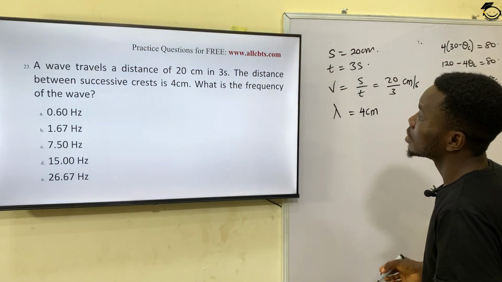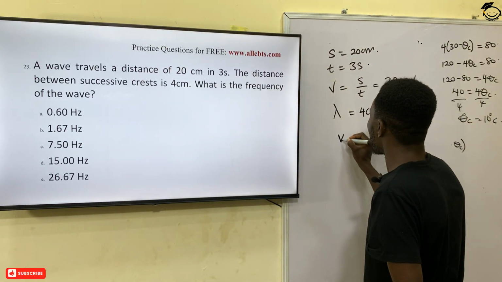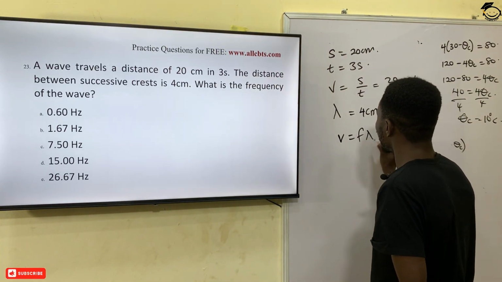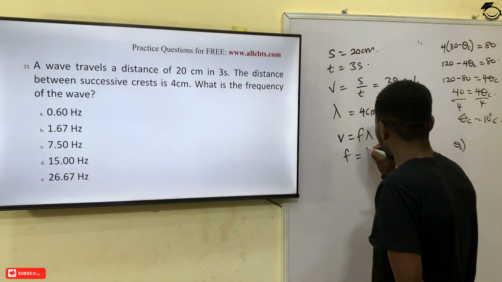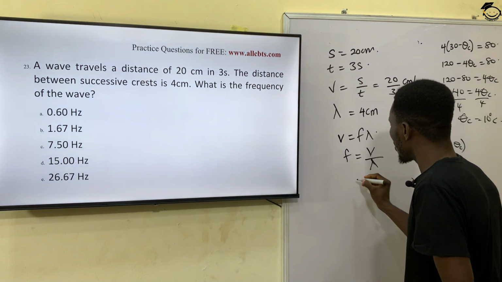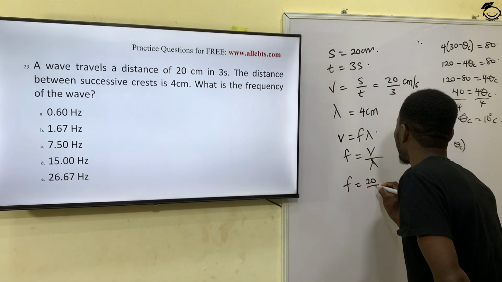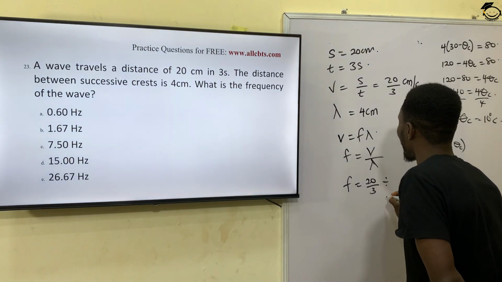So what is the frequency of the wave? Now we know that our wave velocity is f lambda, which is the same as saying my frequency is the velocity of the wave over the wavelength. So the frequency of this wave is 20 divided by 3 divided by 4.